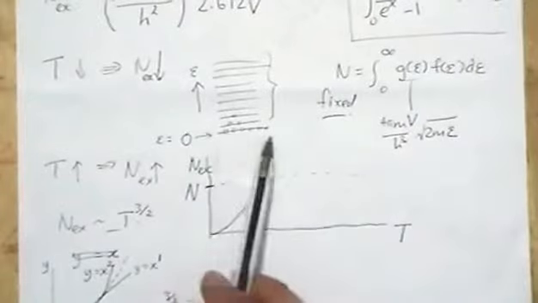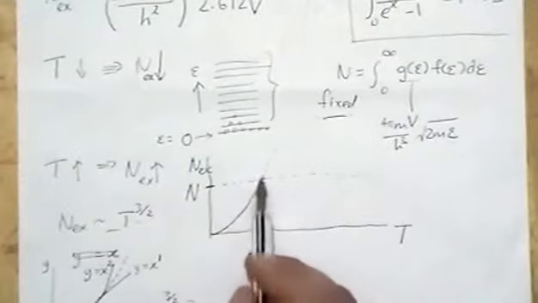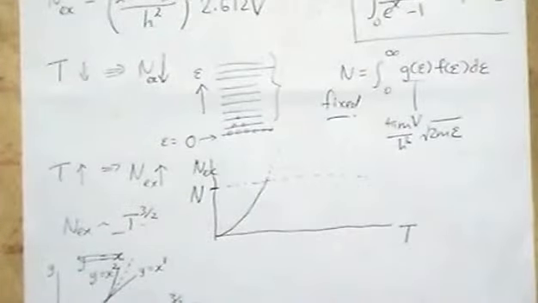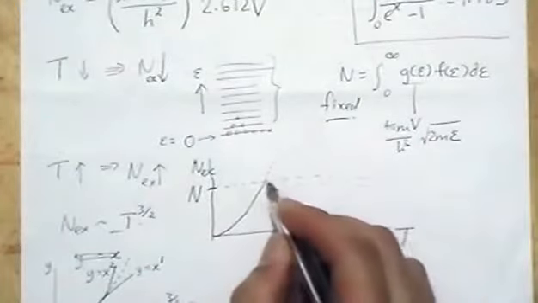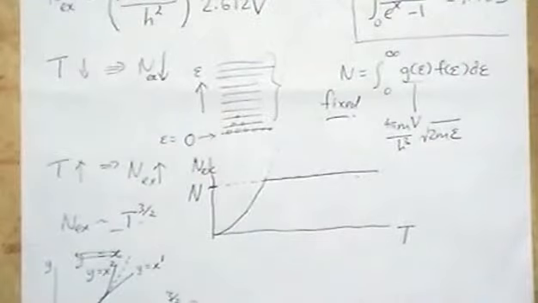So there are no more particles left in the ground state, and the number of excited particles cannot increase anymore. So therefore, when NEX hits N, this curve has to stop, and as temperature increases further, the number of particles will just stay fixed. So therefore the graph goes along the horizontal line. And that's more physically reasonable.